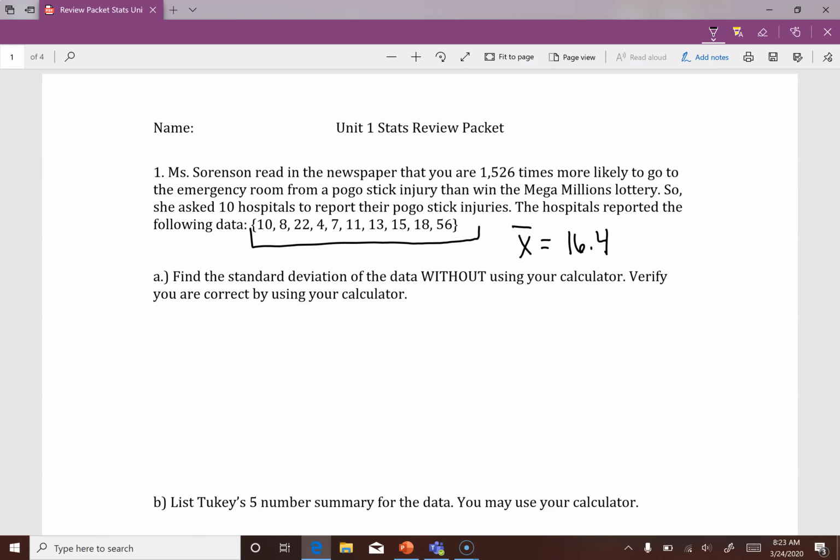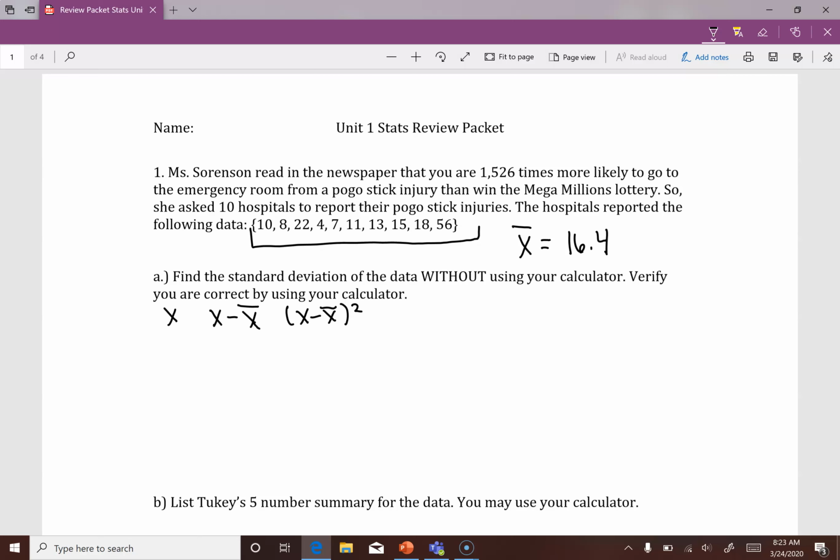Next thing we do is create kind of like a chart here. We've got our X, and then we've got our X minus X bar, and then we have our X minus X bar quantity squared. Okay, so let's go ahead and start doing that. I think we're going to have to do that a few times.